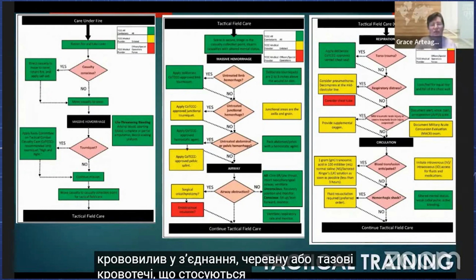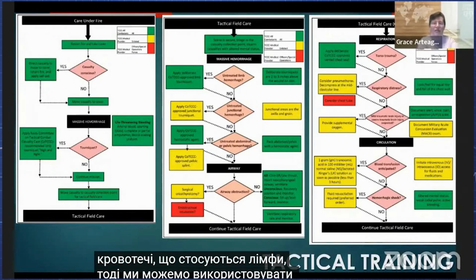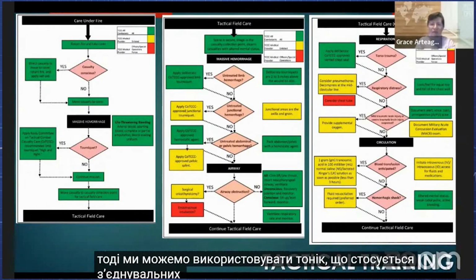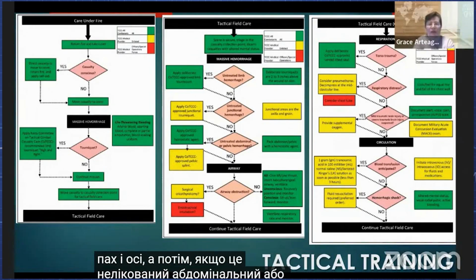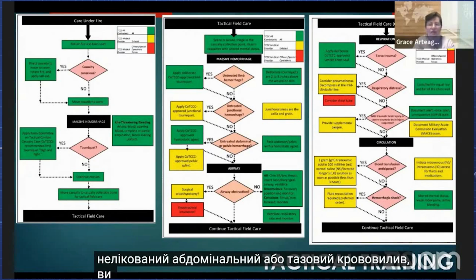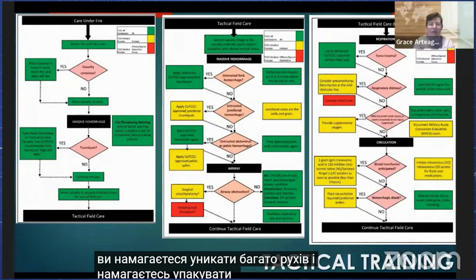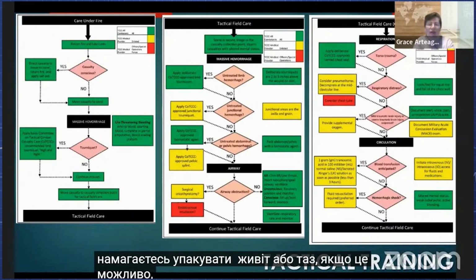As far as the limb, that's when we can use the tourniquet. Junctional hemorrhage includes the groins and the axillae. And if it's an untreated abdominal or pelvic hemorrhage, you try to avoid a lot of movement and try to pack the abdomen or the pelvis if possible.